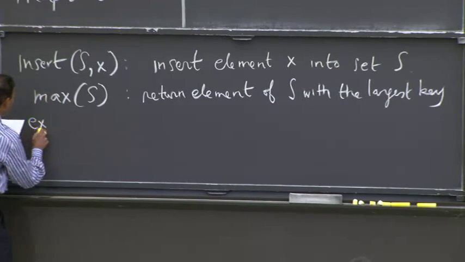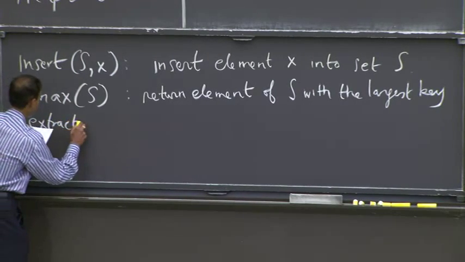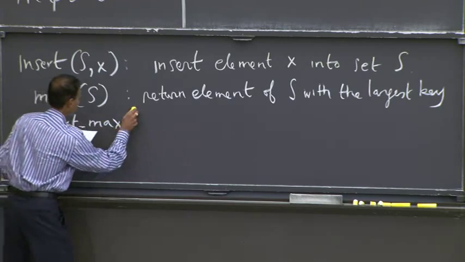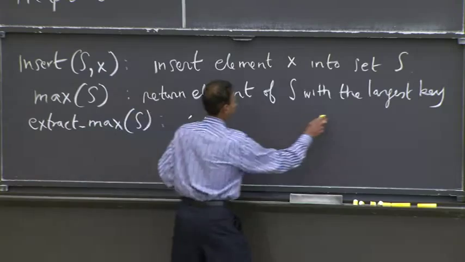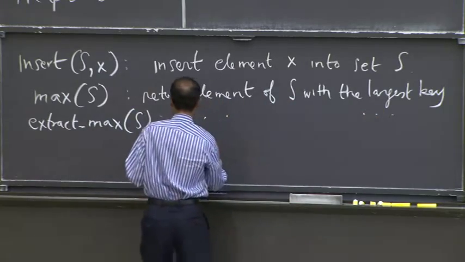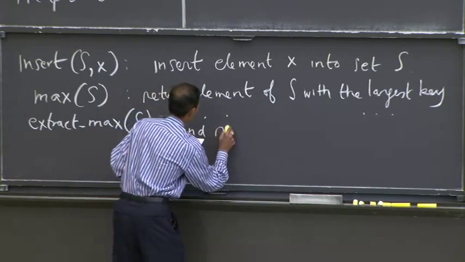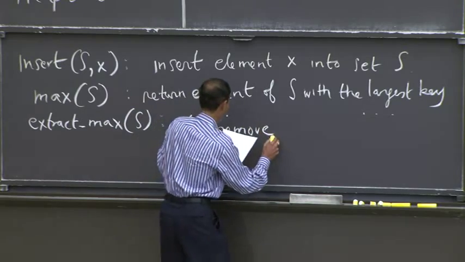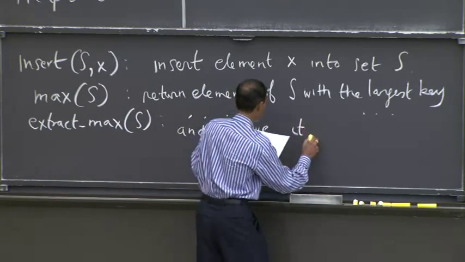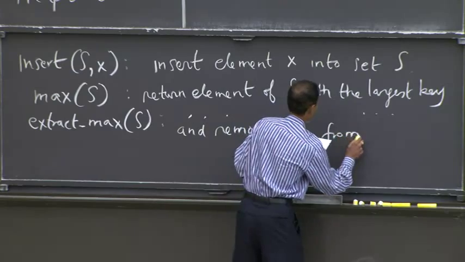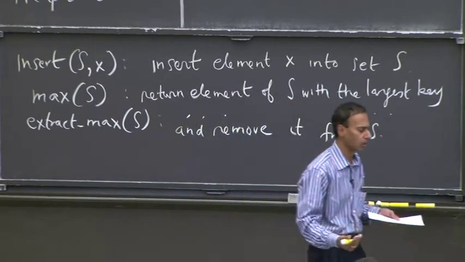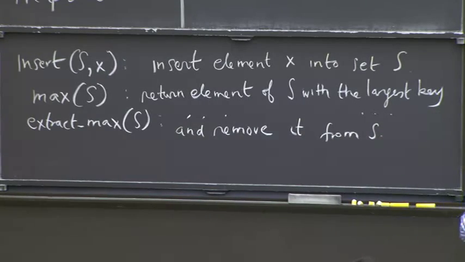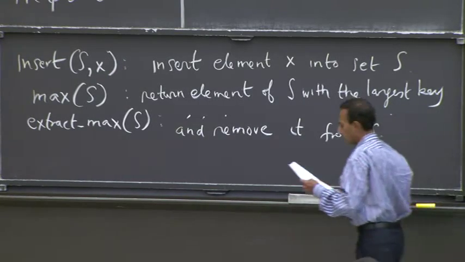And different from max of S is extract max of S, which not only returns the element with the largest key, but also removes it from S. So you have a queue, and the element in the queue was serviced and then removed from the queue.